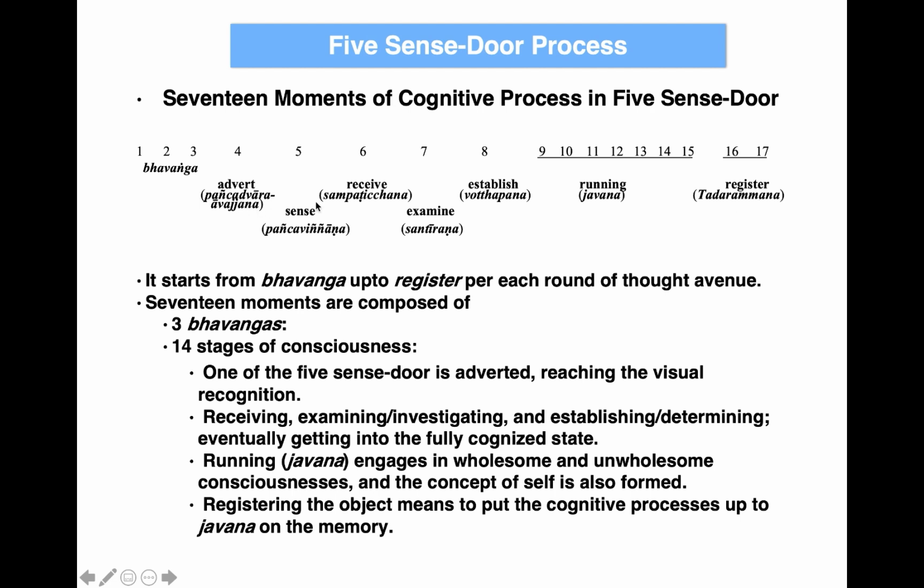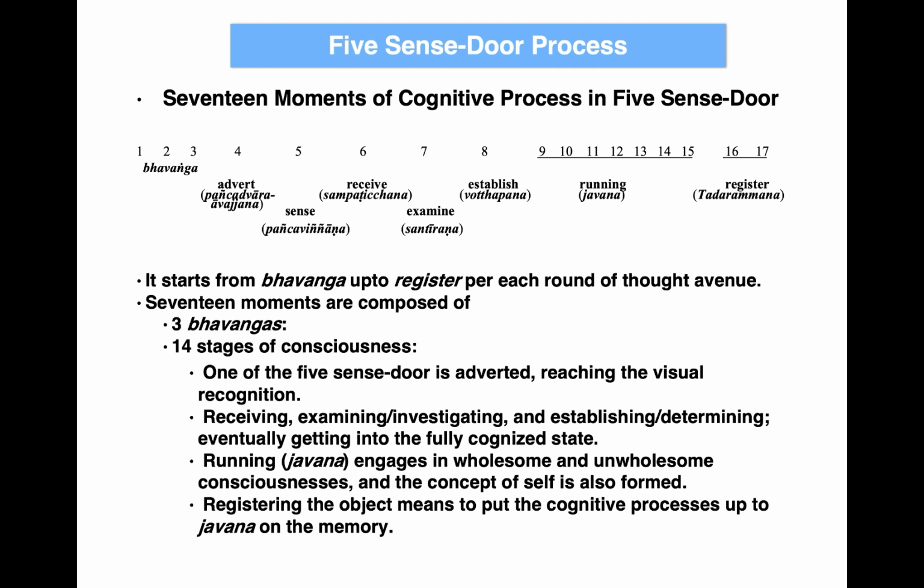What was done in the previous moment is registered, so that when the man sees the mango next time, some memory from this register stage can come out and activate. This kind of cognitive process we experience every day, every moment.